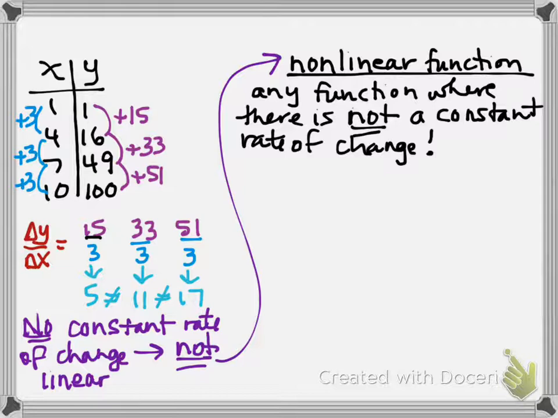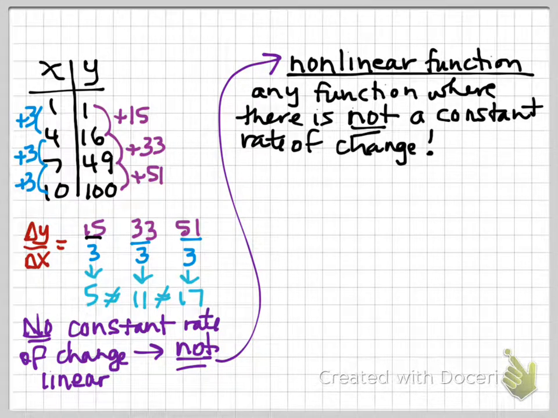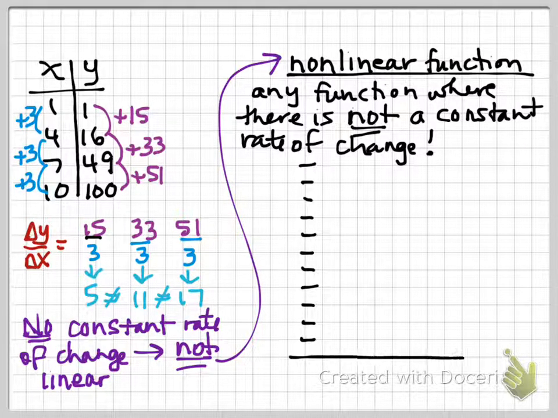So let's see what this graph would look like, just to verify that it's not linear. Because if it's linear, I should get a line. So for this set of numbers, I'm going to go up to 100: 10, 20, 30, 40, 50, 60, 70, 80, 90. Notice all my numbers are positive, which is kind of nice.